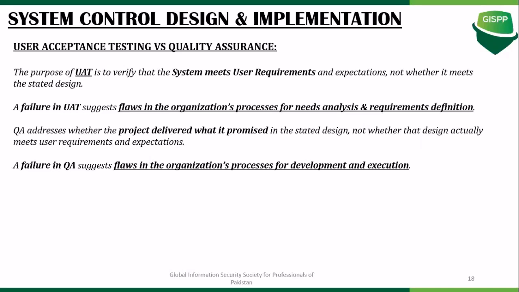So a failure in quality assurance suggests that there was a flaw in the organization's process for development and execution. Bear in mind that these are closely related to each other, so you have to be well versed in this part.